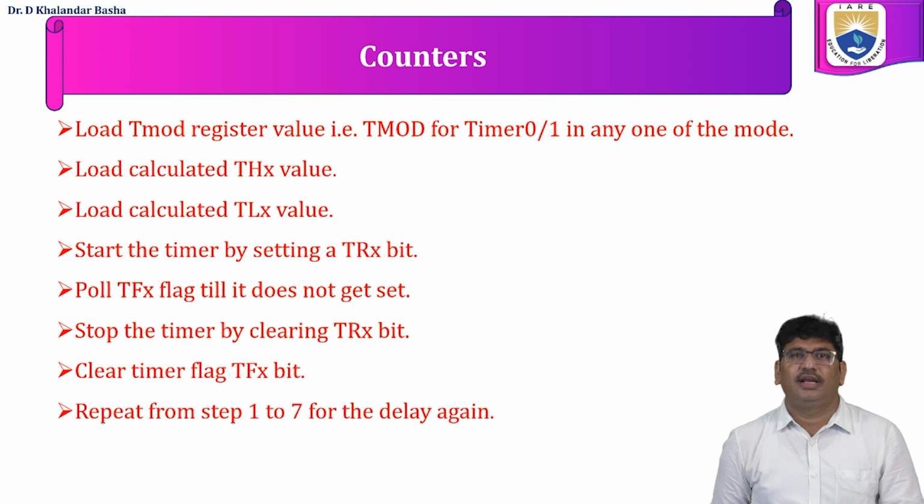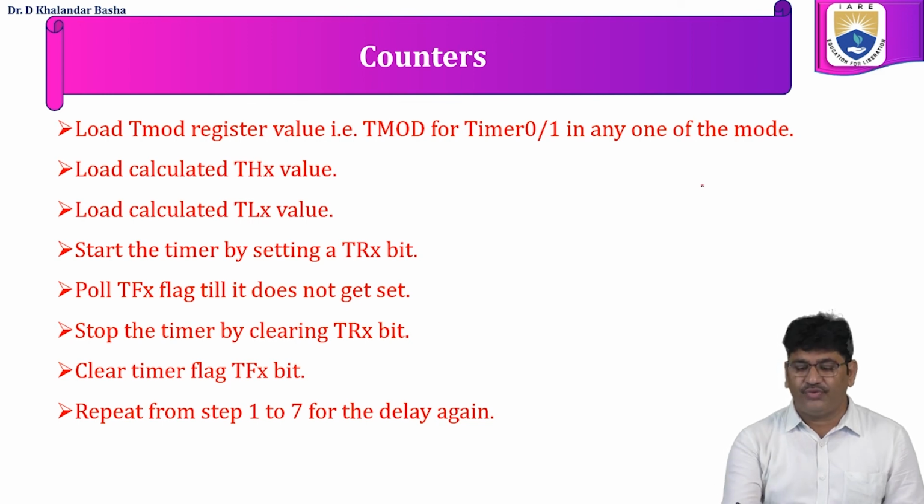With this, I'll conclude the timers and counters of 8051. The various SFRs we have for timers are T0, T1, TMOD register and TCON register. The timers can be used as timers or counters by programming the TCON and TMOD registers.